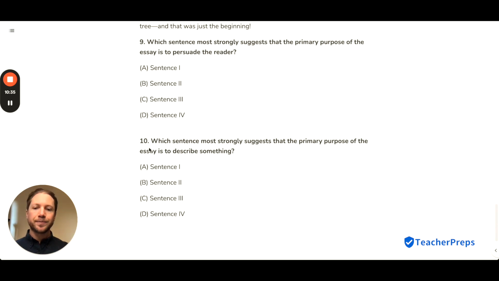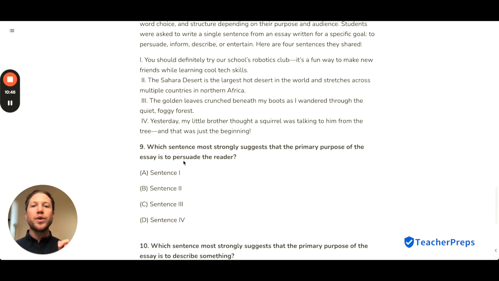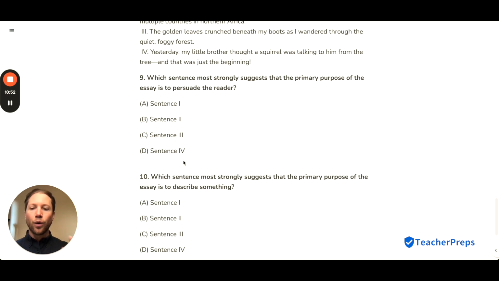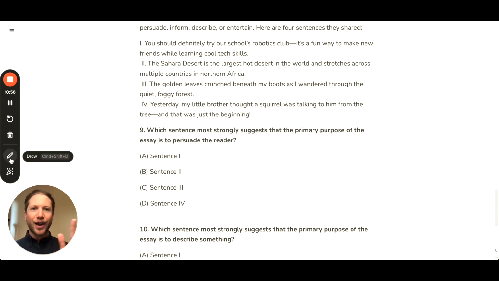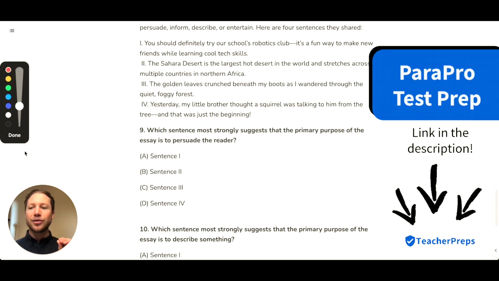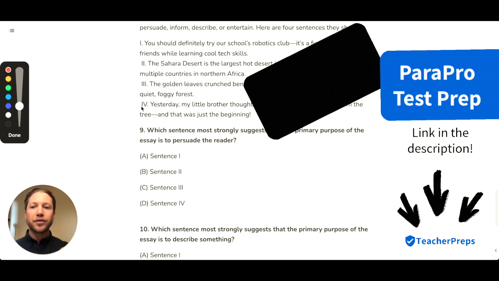This one reads, which sentence most strongly suggests that the primary purpose of the essay is to describe something? Okay, so here we go. Again, we already saw the different formats after reading the students' sentences. The one that I noticed was descriptive, they're all very nicely written, but a descriptive sentence is just sort of lovely to read.